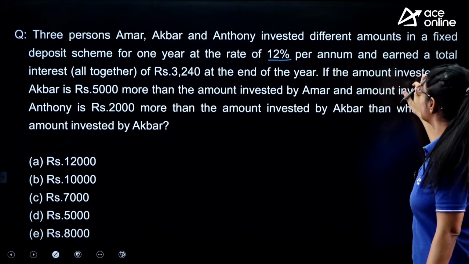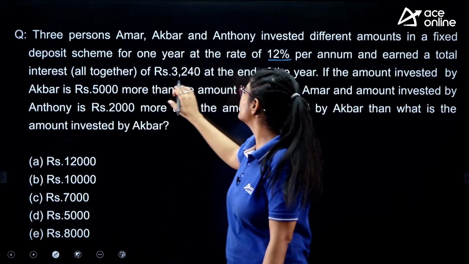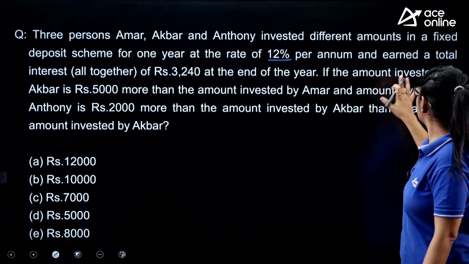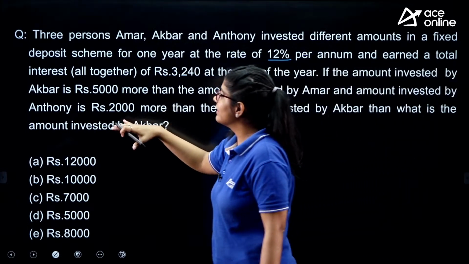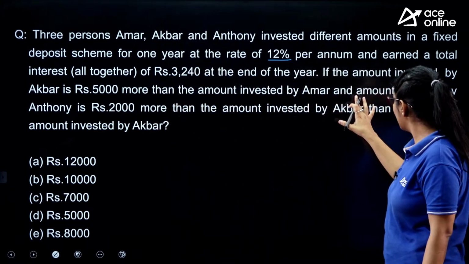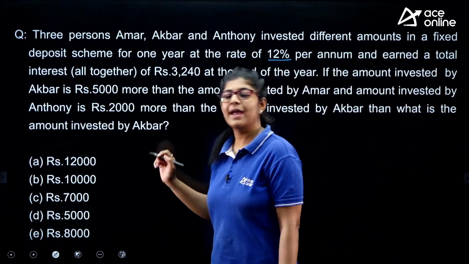If the amount invested by Akbar is 5,000 more than the amount invested by Amar, and the amount invested by Anthony is 2,000 rupees more than the amount invested by Akbar, then what is the amount invested by Akbar?